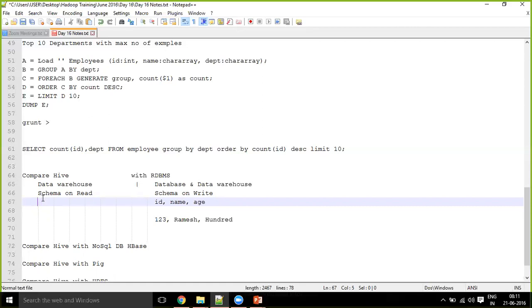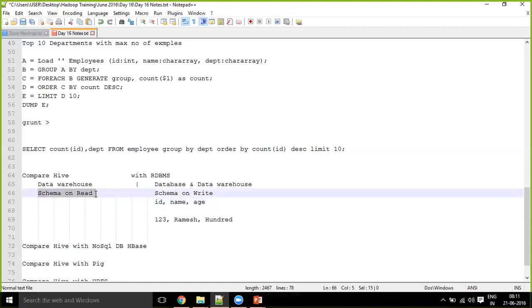So when you select that employee record, you will get employee ID as 123, name as Ramesh, and age as null. That means at the time of reading your record, it validates its schema, whether this value matches its column data type or not. Whereas in RDBMS, that validation happens at the time of writing itself.